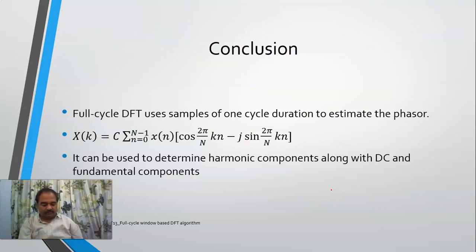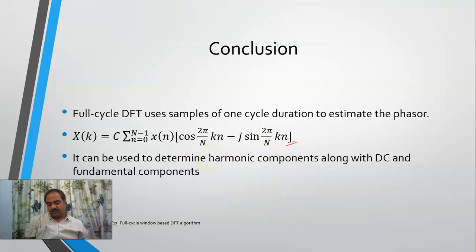I hope you have now understood how to compute harmonics and also the fundamental component or the DC component from a set of given sample data. If you see the full cycle DFT, it uses samples of one full cycle duration to estimate the phasor. The second sentence here represents a formula for your x of t.